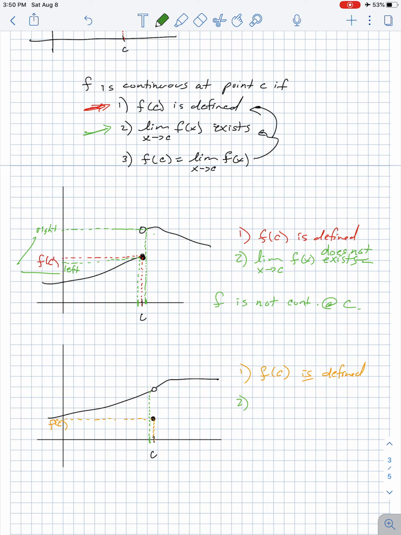Okay, little to the left of c, I'm right here. This is my left-hand limit. And a little to the right of c, I'm right here. So basically same place because I can get close as I want. So that means the right and the left-hand limit are equal. And so that means the limit does exist.